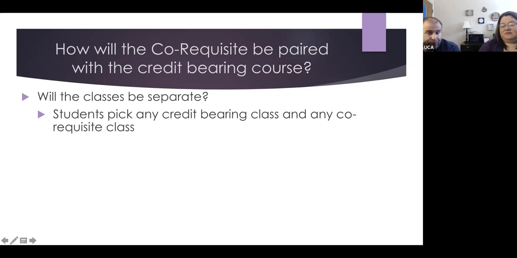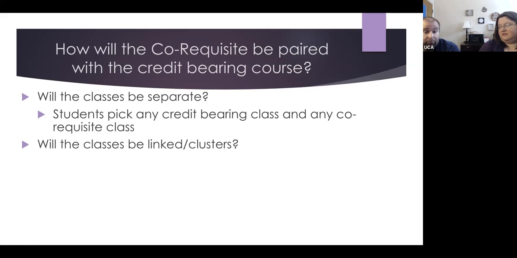And then also, will the pairings be hard coded in your Banner system, or will they just be loosely done? In the past, we tried to hard code those in our system, and Banner sometimes is not very friendly when it comes to that.